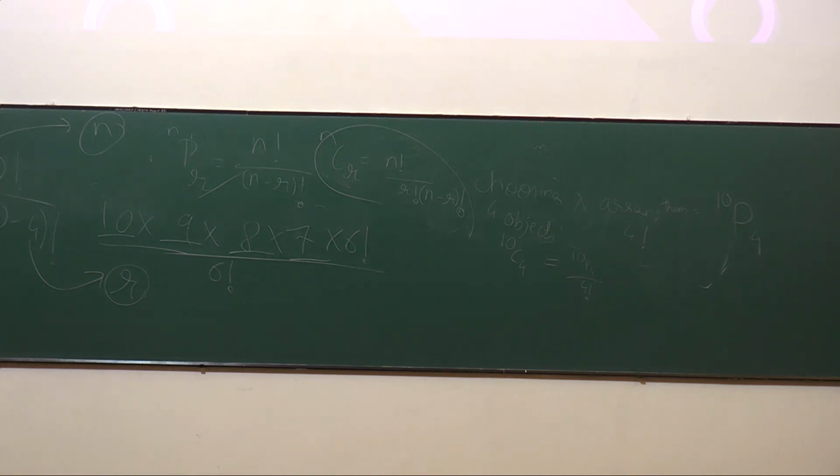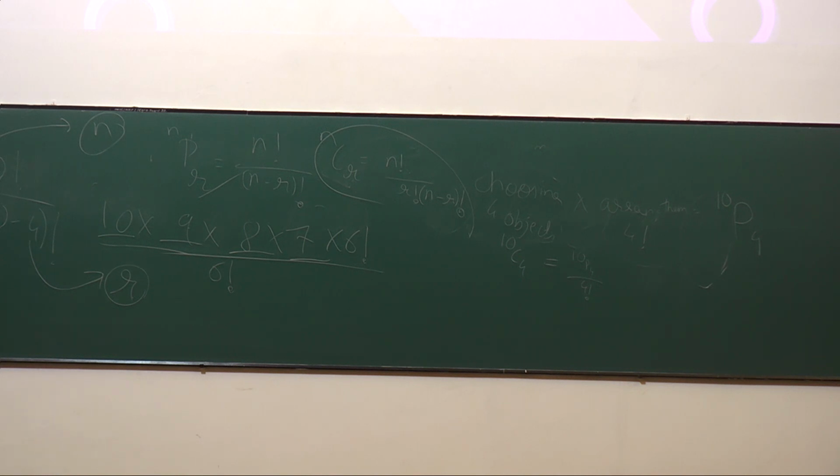So I hope you understand how we got the formulas for NPR and NCR. We did nothing. We just started from our basic principle of counting. You know how to count these things, but you now use them smartly to get some results.